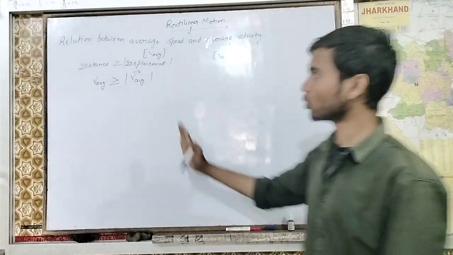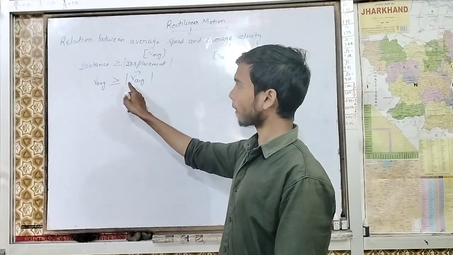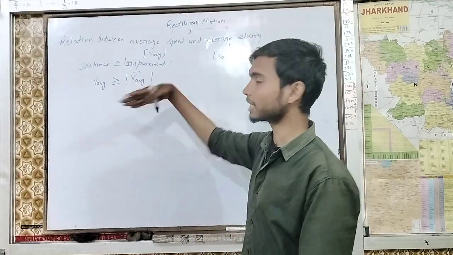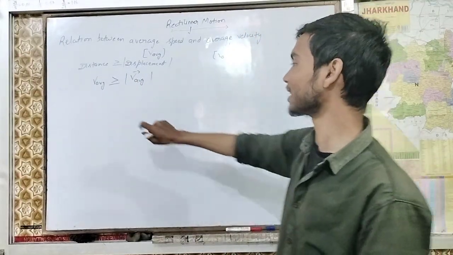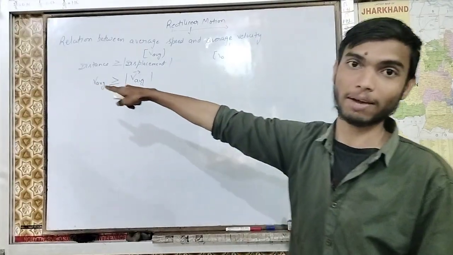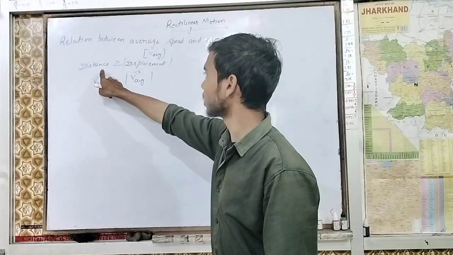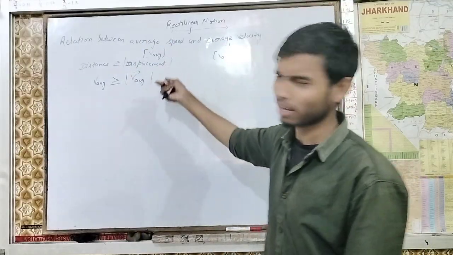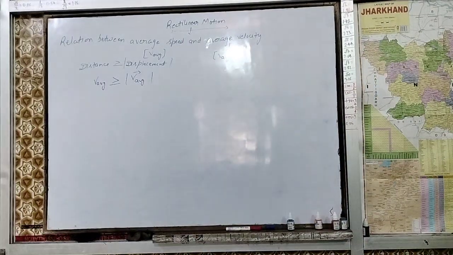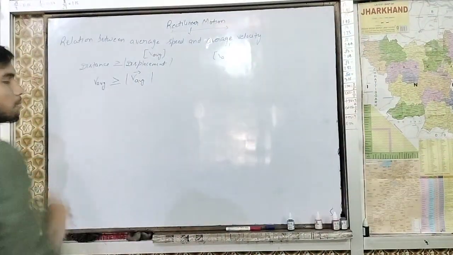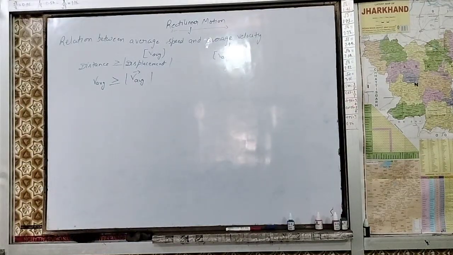Here average velocity is not becoming greater, the reason being it has a displacement. That's why it is not greater than average speed. Clear? Whatever we saw in the relation between distance and displacement, the same thing holds for average speed and average velocity. Nothing is different. Remember to apply the mode so that it doesn't show a direction.